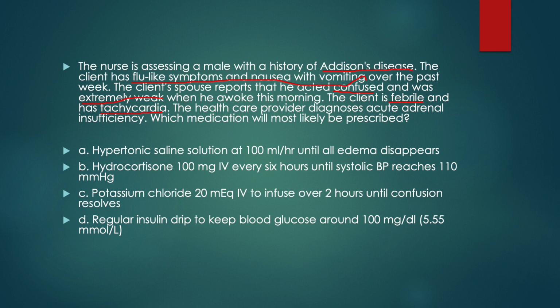All right, whenever you're talking about Addison's disease and we're talking about cortisol, I don't know how to do that one. Let me look at this for a second and see if I can make a hack for Addison's disease and cortisol. I'll come back to this one.